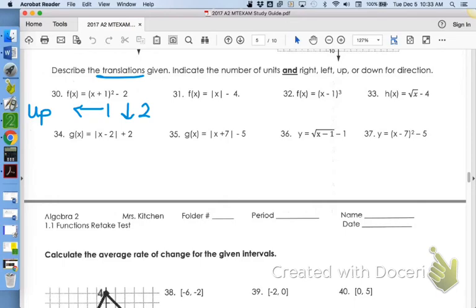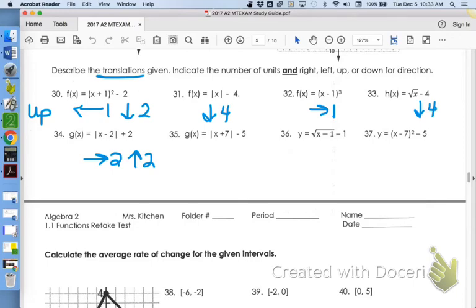This one is just going down 4. No reflection. This one is going to the right 1. This one here is going down 4. This one is going to, X misbehaves, so it's going to the right 2 and up 2.